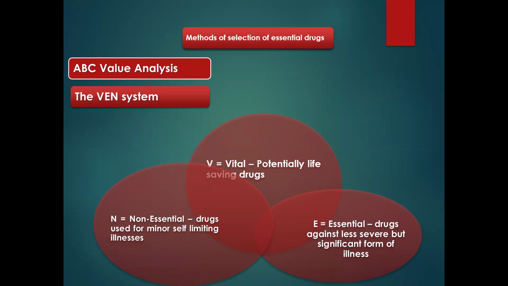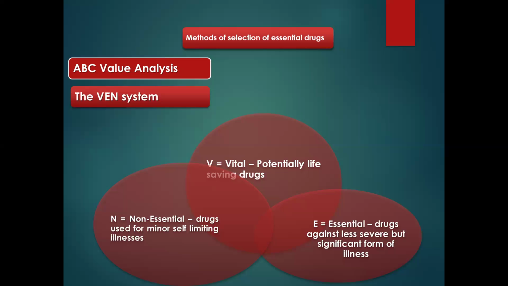Now, the vital drugs are potentially life-saving drugs that are important in treating life-threatening conditions. So all those emergency drugs that were necessary, adrenaline, asthma drugs, and hypertension drugs, are considered vital, potentially life-saving drugs.